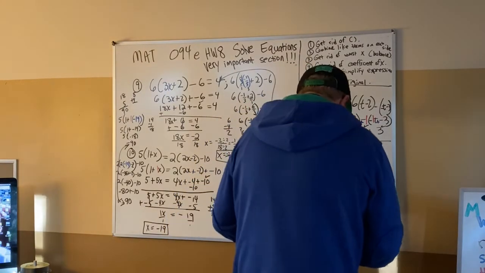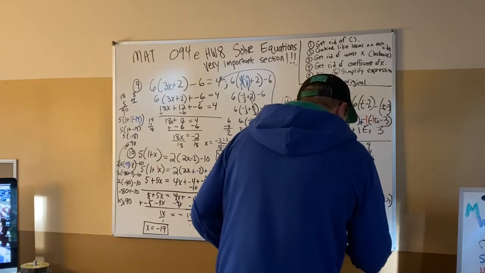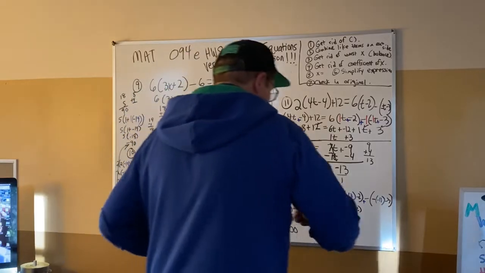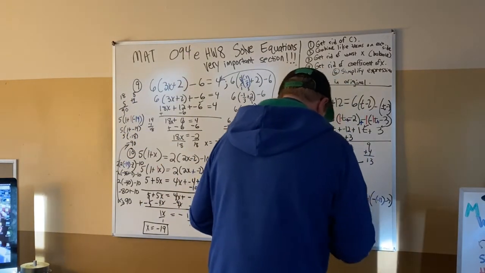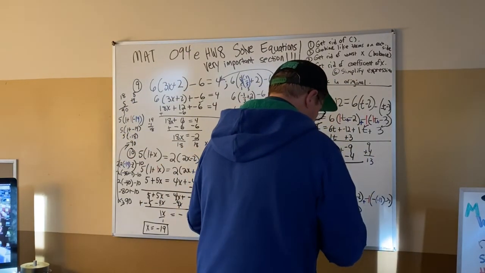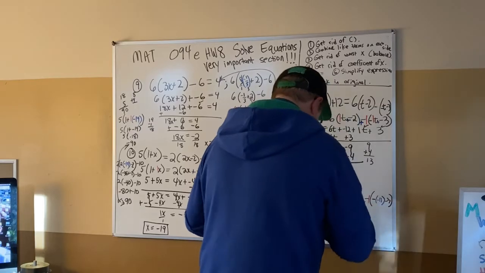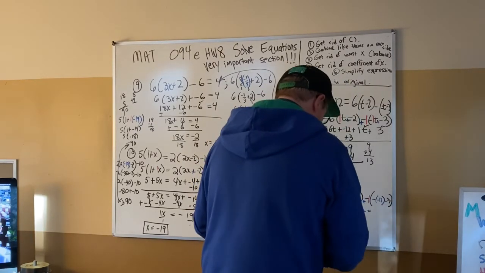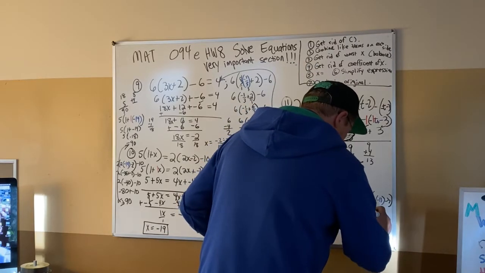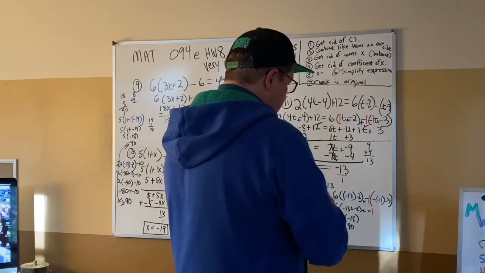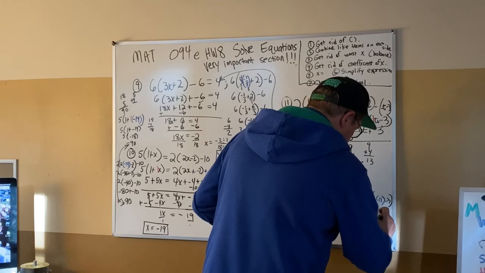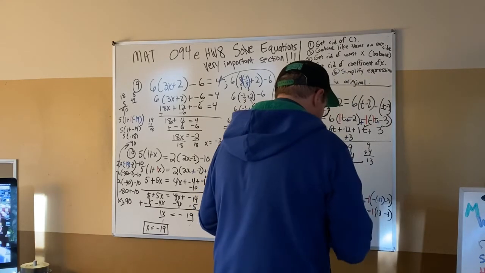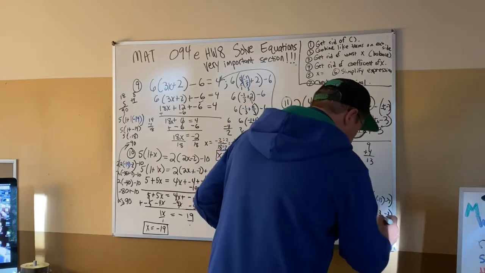But back here, I have negative 1. And in the parentheses, I have the opposite of negative 13, so I have 13, plus negative 3.